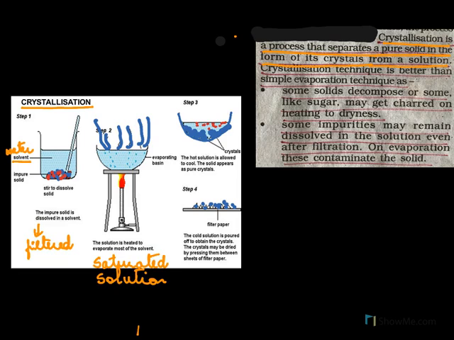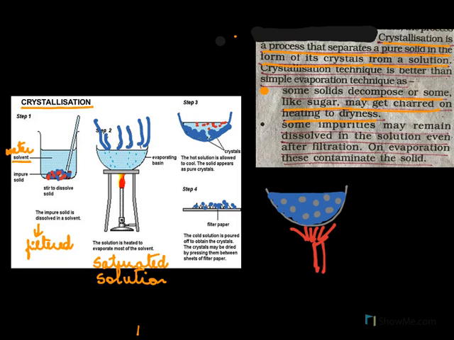Now crystallization is better than evaporation because point 1 is some solids decompose, or like sugar may get charred on heating to dryness. Like if I have here a solution of water and sugar and I want to separate it out, I have an option of heating it.